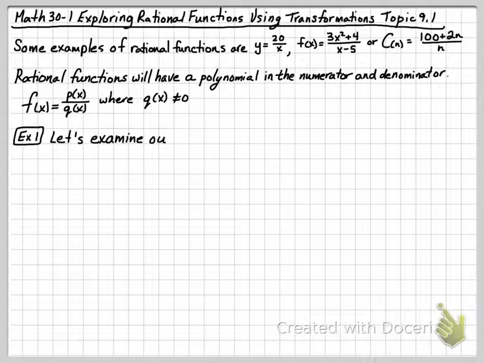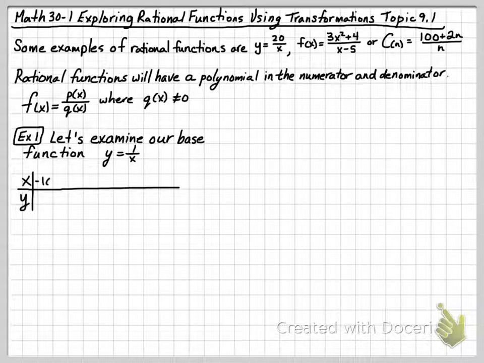Example 1. Let's examine our base function of y equals 1 over x. If we plotted some points and graphed it, if x was negative 10, 1 over negative 10 is negative 0.1. If x was negative 5, we'd end up with negative 0.2.